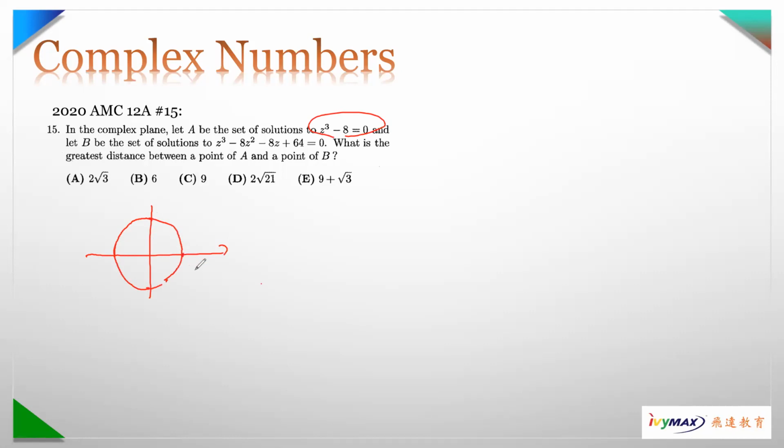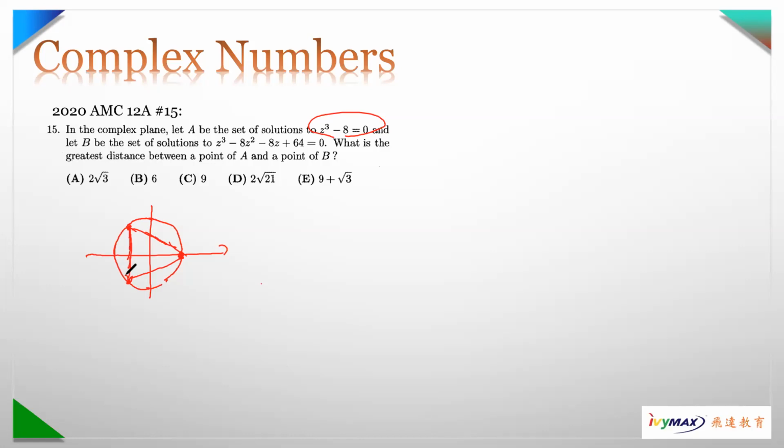This point will be one solution, and that actually leads to the vertices of this equilateral triangle. Each of those vertices gives you a solution. We learned that in the pre-calculus process, right?